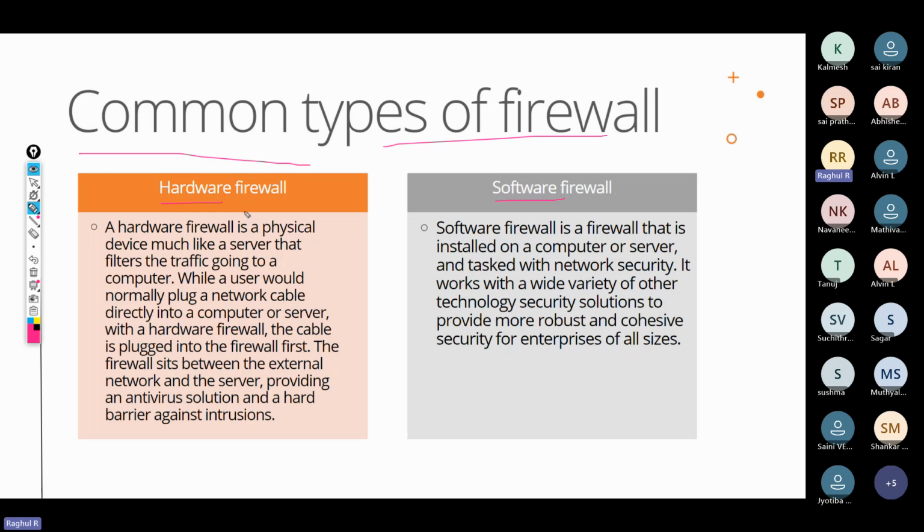The second one, you will get physical interfaces. You can directly connect and use them. But in a software firewall, you need to do it via VLAN and VNIC. So virtual LAN and virtual NIC, you need to create a virtual network adapter. You need to map it using some switch. So those things are needed in a software firewall.